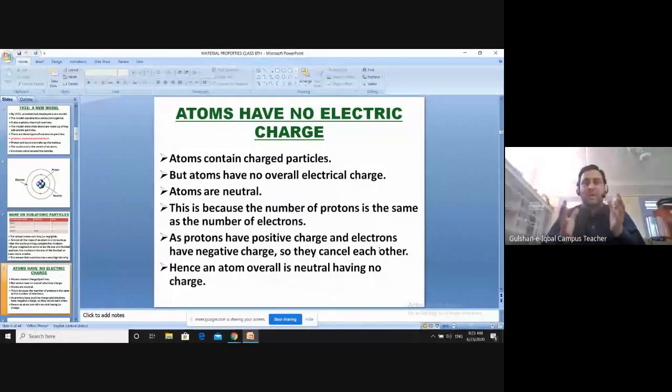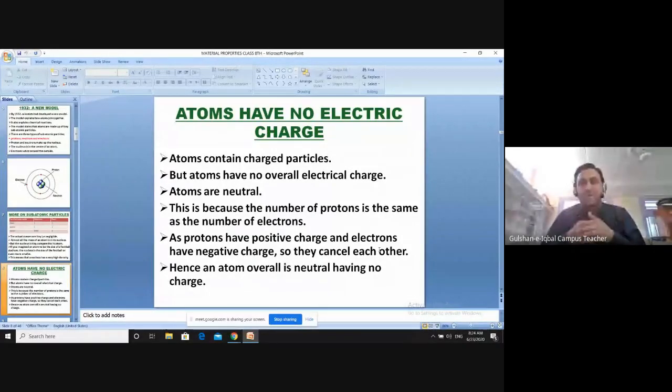So overall the atom becomes neutral, because the neutron has no charge on it. The only charge present is on protons and electrons, and those charges cancel one another, so the atom becomes electrically neutral.